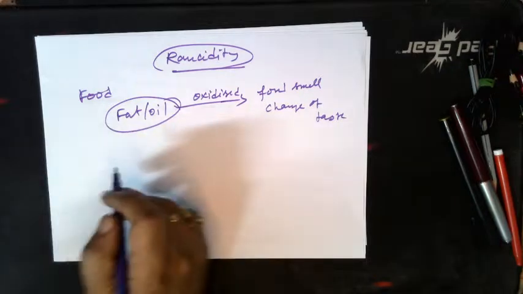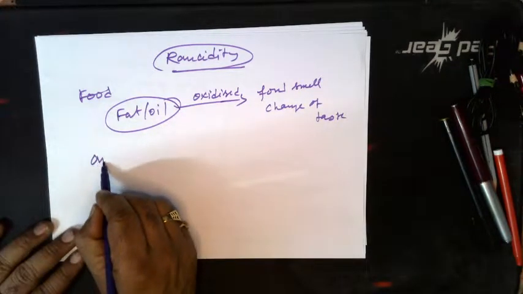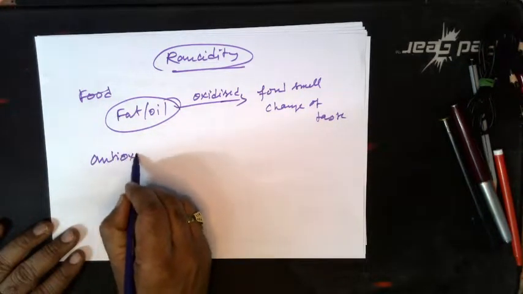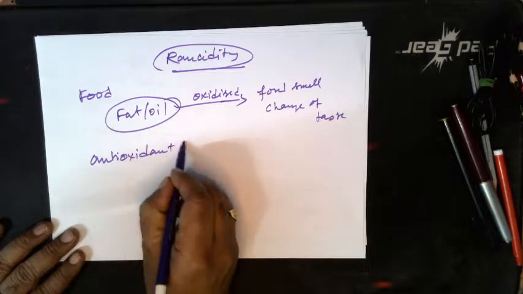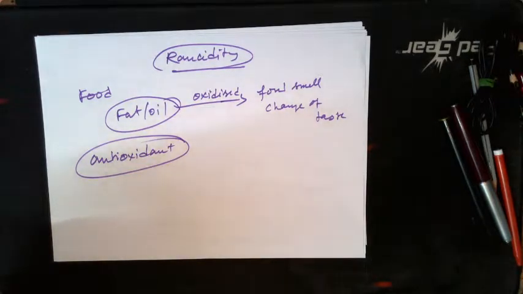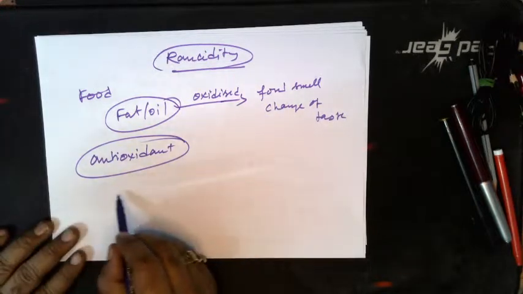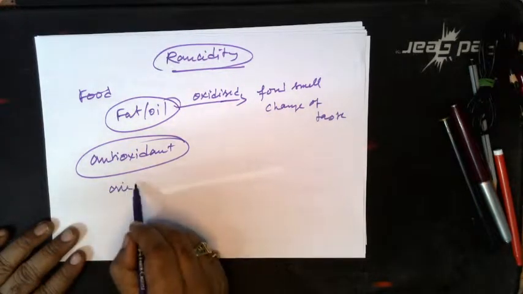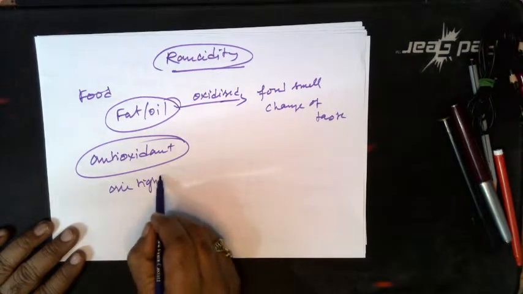So in order to prevent that, we use antioxidant. This antioxidant is used to prevent such type of what? Rancidity. And also the food is given in an airtight container, so that you can prevent oxygen.